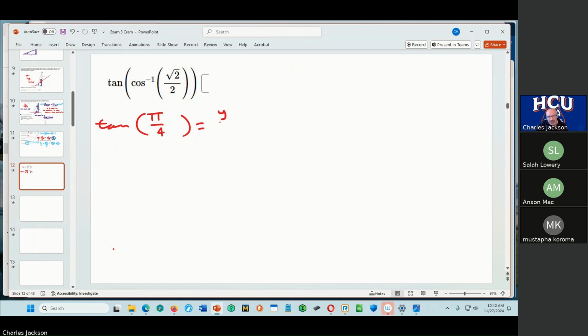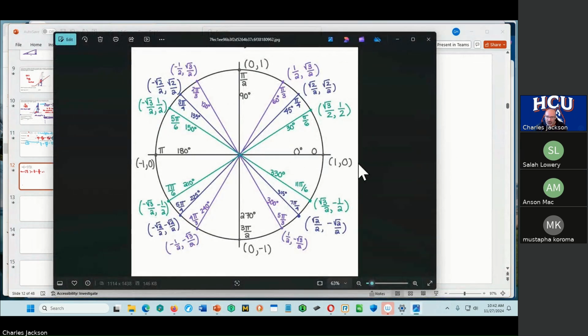Well, this is y over x, sine over cos, if you prefer, where the cos we know is square root of 2 over 2. The tan is also square root of 2 over 2. So this is just 1. And we can see both of those on the unit circle right here. At pi over 4, they're both square root of 2 over 2.